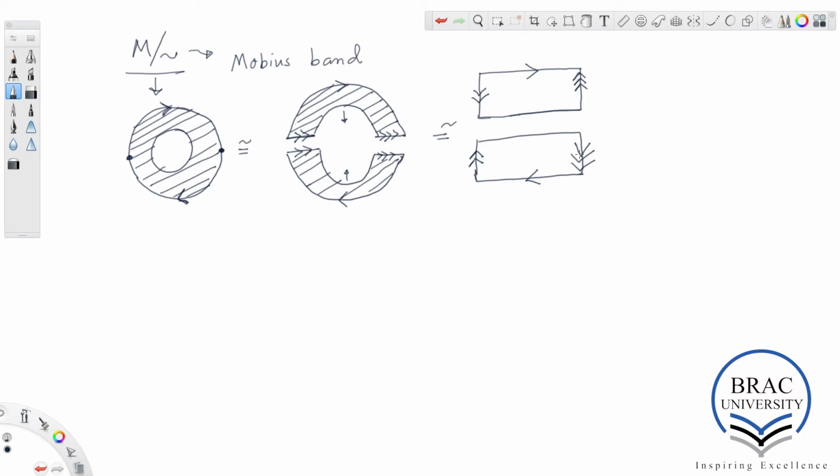Okay, and the top edge of the lower rectangle does not have any orientation given. Okay, so at this point these two rectangles are dissociated from each other.